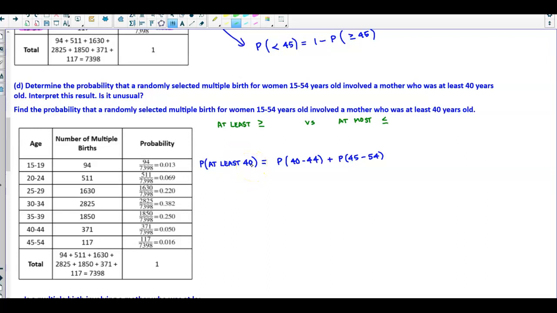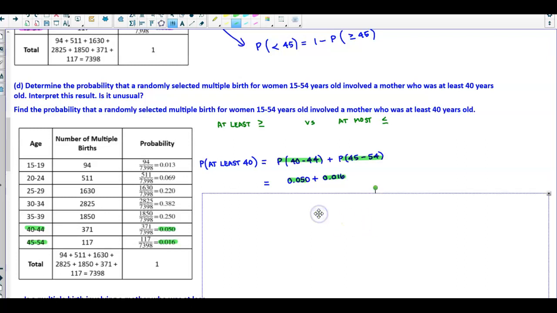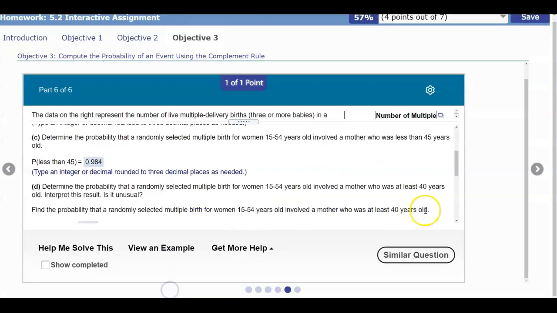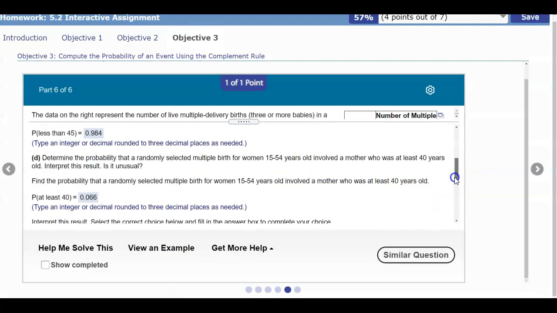All the probabilities that are greater than 40, we have 0.050 and 0.016. So 0.050 plus 0.016 is going to give us 0.066. So therefore there is our answer.